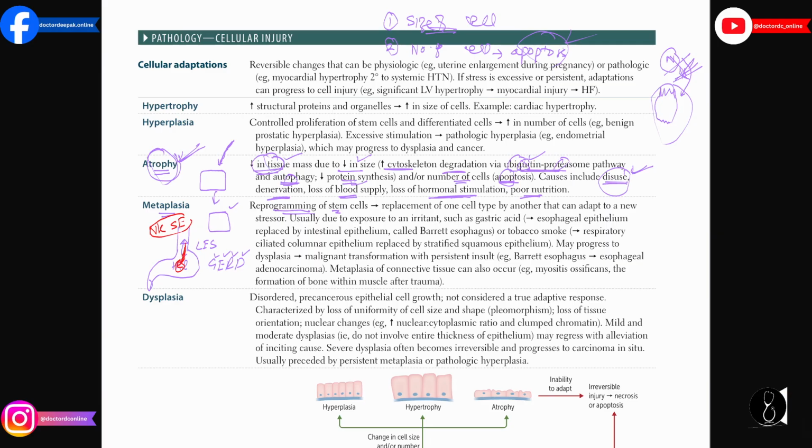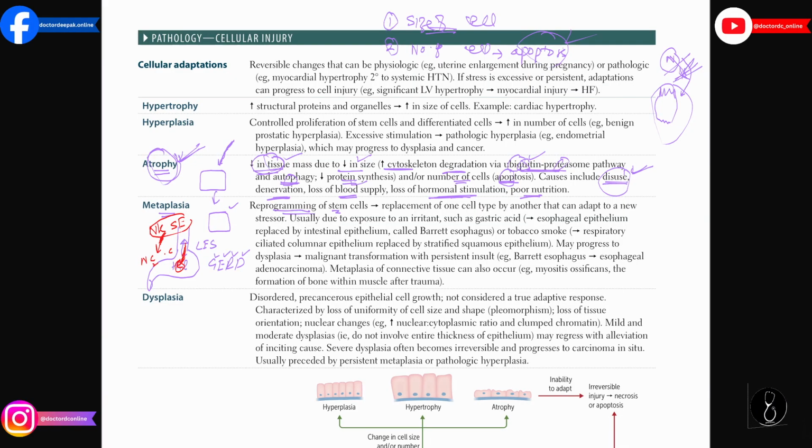That epithelium will say, I cannot handle this stress, and it is changed with another epithelium. The non-keratinized squamous epithelium is going to be changed with non-ciliated columnar epithelium.